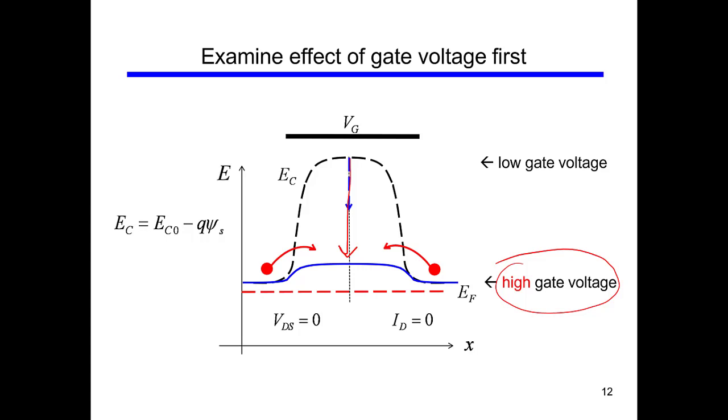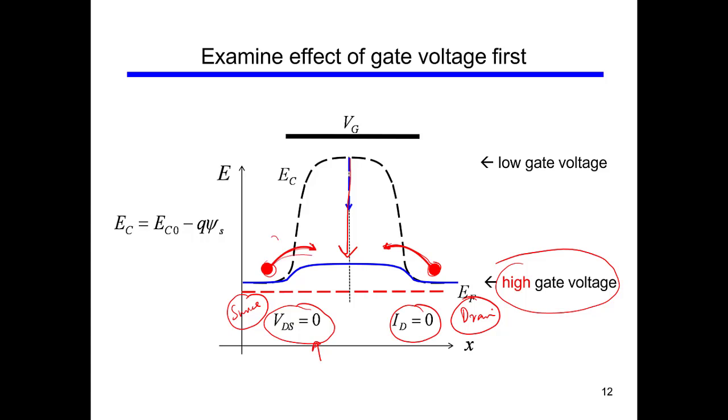Now when the barrier has dropped, it makes it easy for electrons to flow from one side to the other. But again, on this side we have the drain and on this side we have the source. As there is no potential difference between the source and drain, VDS is 0, so ID is 0.